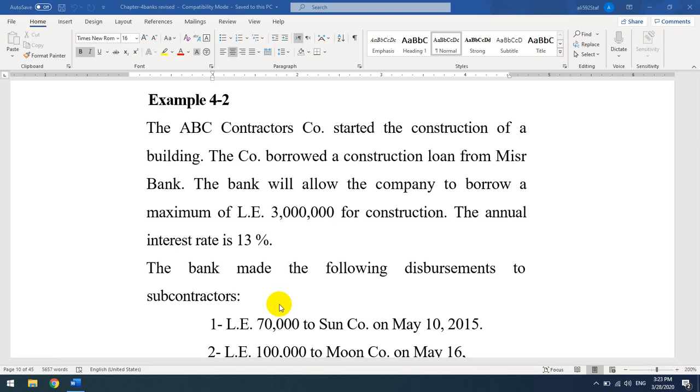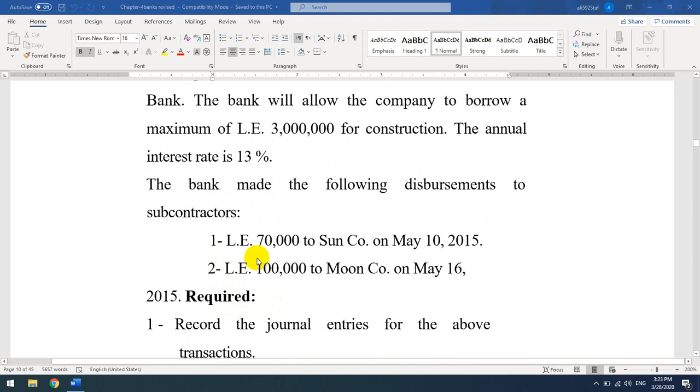The bank made the following disbursements to subcontractors. First disbursement equals 70,000 pound to Sun Company on May 10th, 2005.